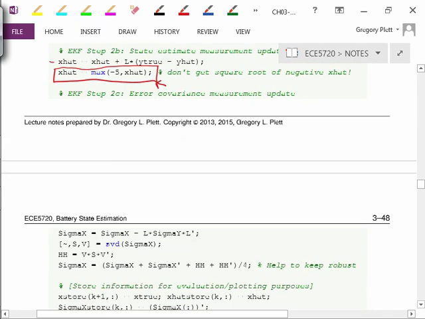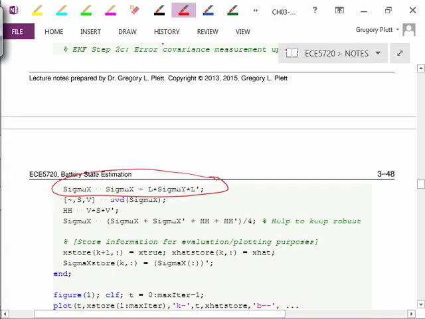Step 2c, no surprises. This is exactly what we were told to implement. Except in this code, I'm doing something new that I didn't do last time around: I'm adding some of the robustness code that we saw in a previous section, where we want to ensure that our covariance is symmetric and positive semi-definite.